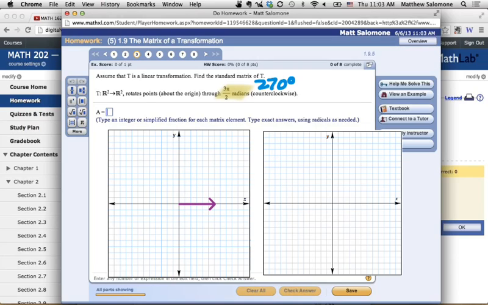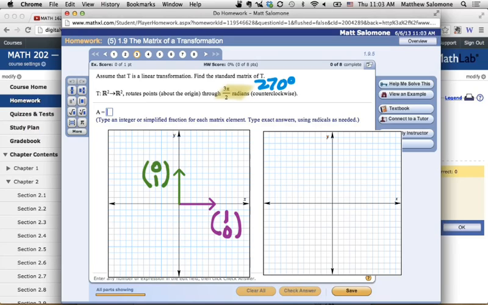We took the standard basis vectors 1, 0, and 0, 1. So here's 1, 0, and here's 0, 1. And then we just applied this transformation to those standard basis vectors.